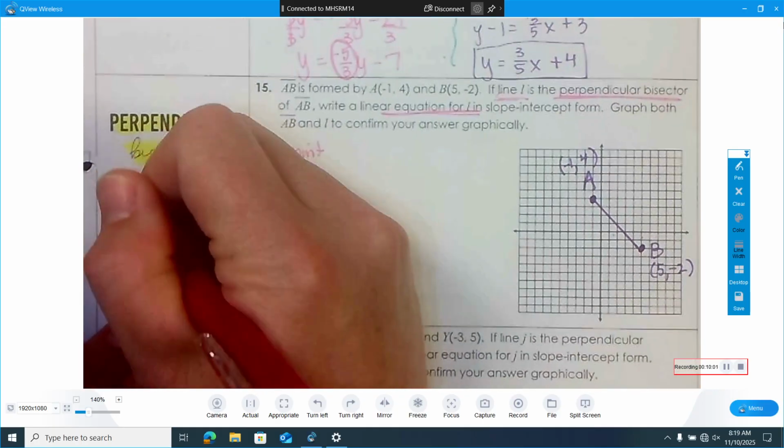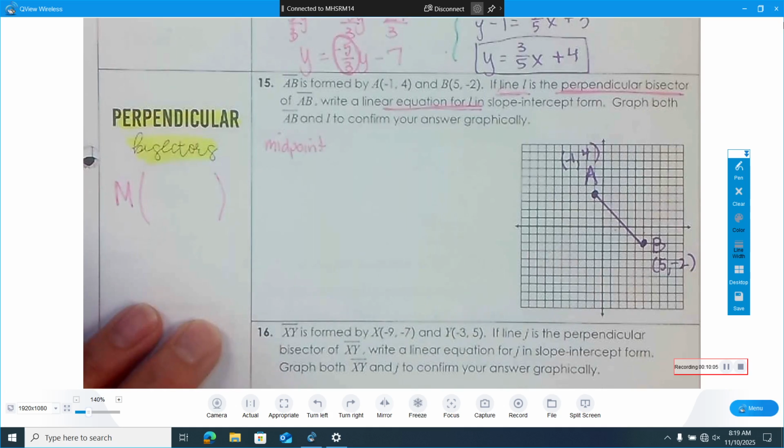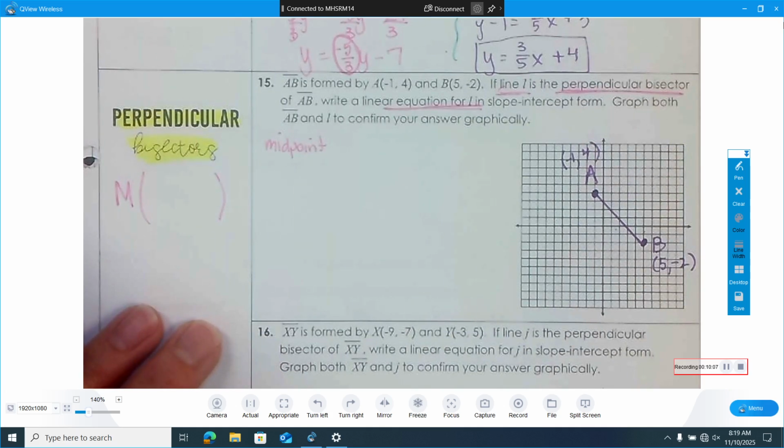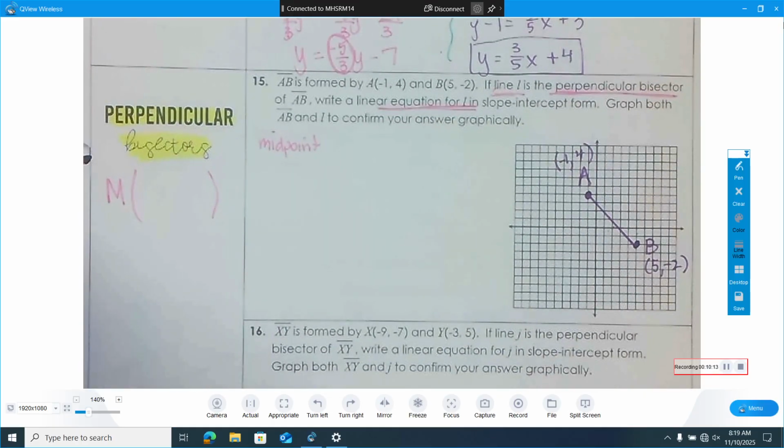What is our formula for midpoint? You have two ordered pairs. How do you find the middle? If you had a test score of 80 and 100, where's the middle? 90. How'd you get 90? Common sense, right?